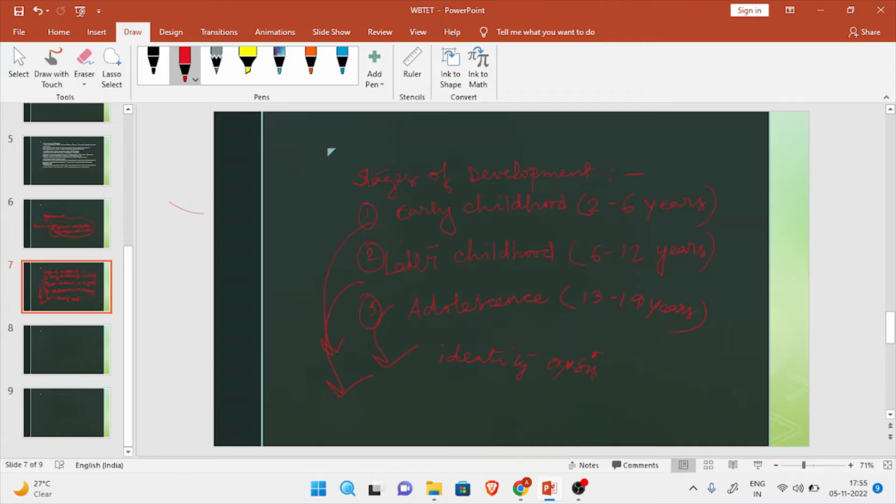Sometimes they feel like kids. Sometimes they feel like, I am growing up. So it's a very haphazard kind of stage for a child to bear. So these are the stages of development.